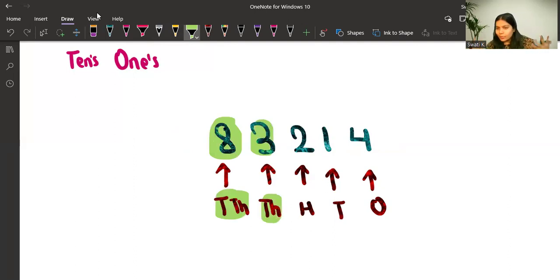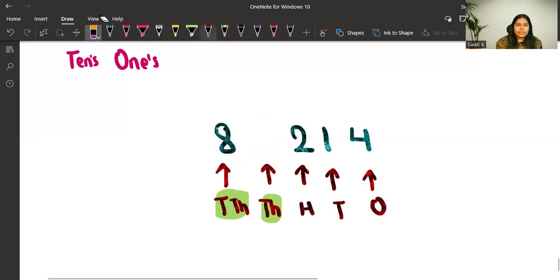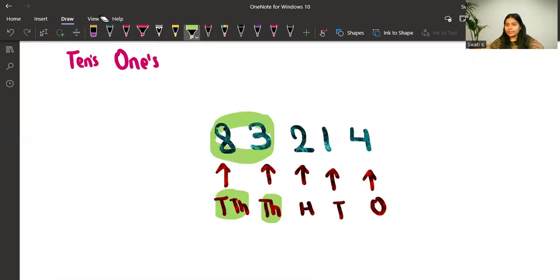That sounds wrong, because we cannot read the thousands two times. So we simply take the first two numbers together and read it as 83,000, and then 214. 83,214. I hope this is clear. Let's go to the next one.